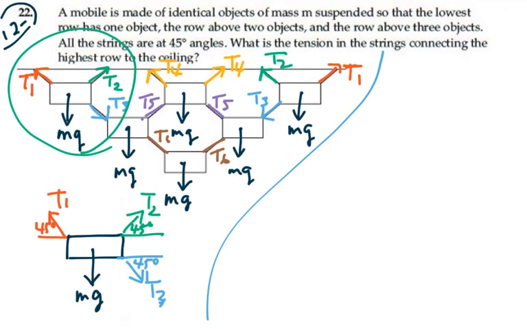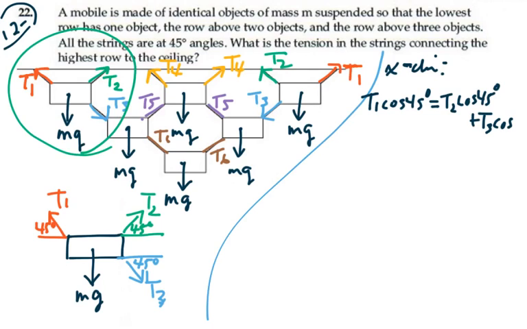If we were to look at this in, say, the x direction, we would have that T1 cosine 45 degrees would be equal to the two components in the x direction of T2 and T3, which would be T2 cosine 45 plus T3 cosine 45.